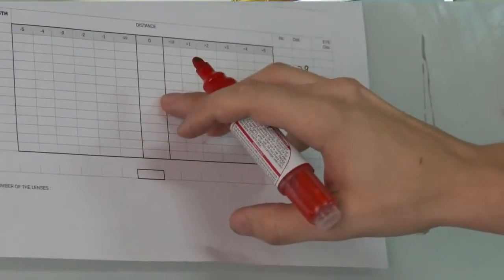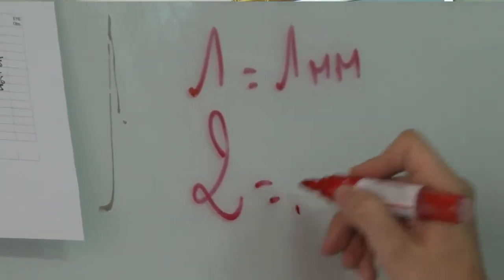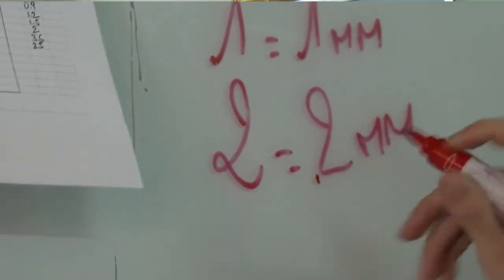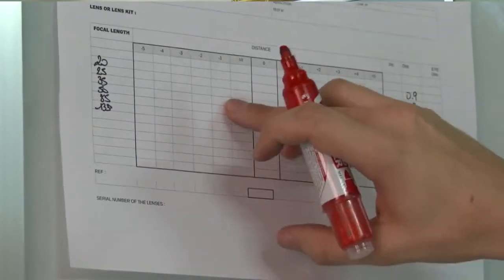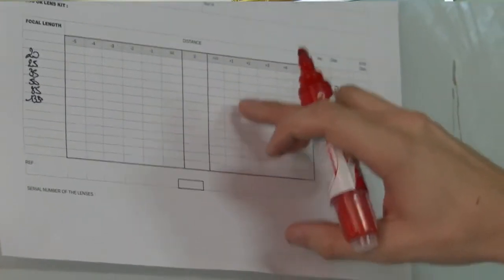So the increment and the distance in millimeters from the mark will be the same. If my increment is 2, it means 2 millimeters. So when I am plus 1 or minus 1, I have moved 2 millimeters.